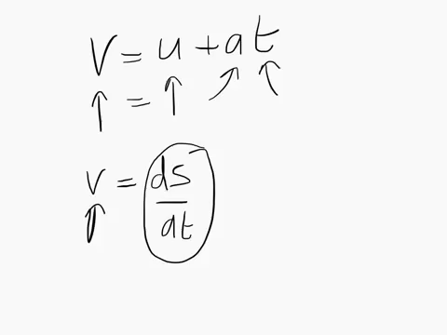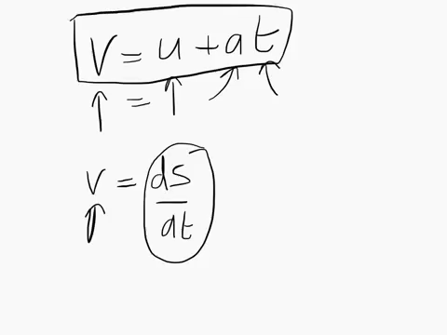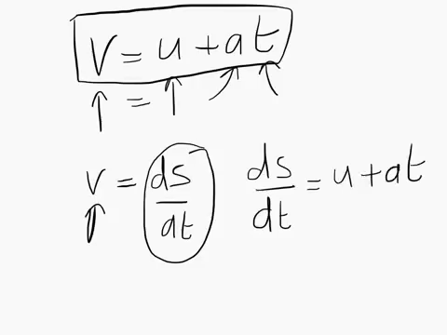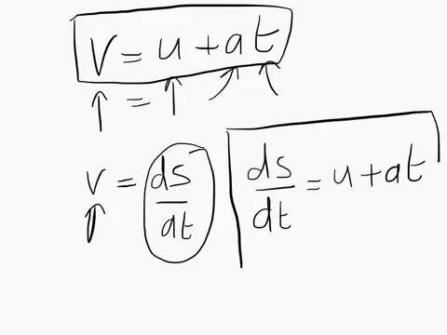That means we can rewrite this equation like this: ds by dt equals u plus at. So again we have another differential equation that we can integrate and solve.